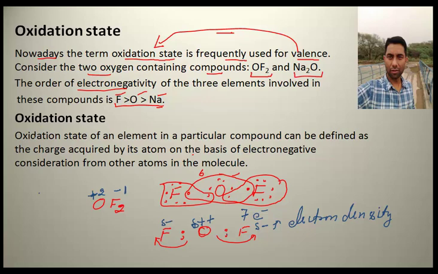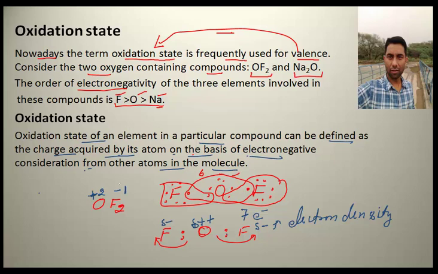Now what is this oxidation state? The oxidation state of an element in a particular compound can be defined as the charge acquired by its atom on the basis of electronegative consideration from other atoms in the molecule.